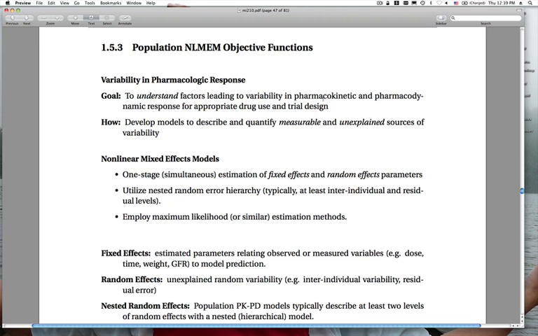In this case, we're going to have a hierarchy, different levels of random variability according to different methods of grouping the data. In PK, most of the time we have at least the inter-individual level and the residual level. And these models employ maximum likelihood or similar estimation methods.